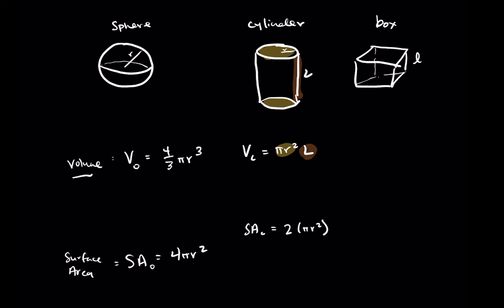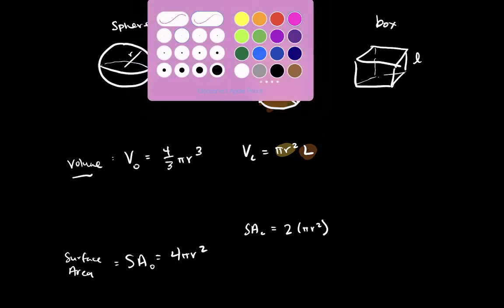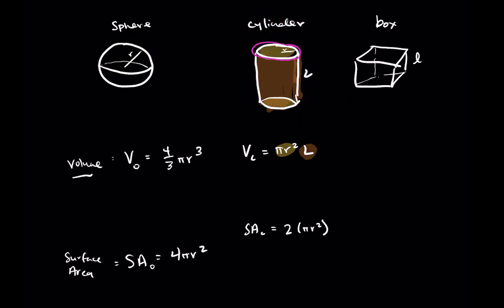But you also have this area here, and the way that you calculate that is you want to say, okay, well, we have base times height, okay? So that's going to give us, we have the top and bottom here.